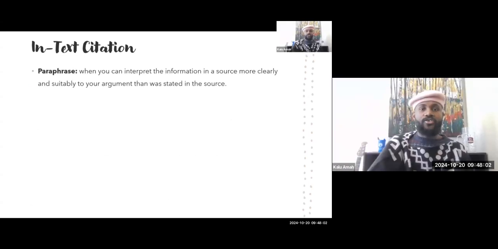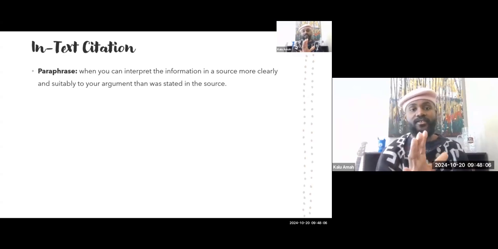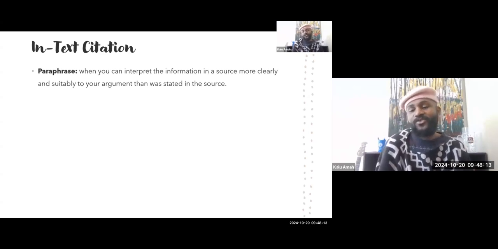So there's another way you can also present in-text citation, which is paraphrasing. This technique is always advised; professors always advise you to paraphrase. I will also advise you to paraphrase because it shows you're a researcher to an extent.